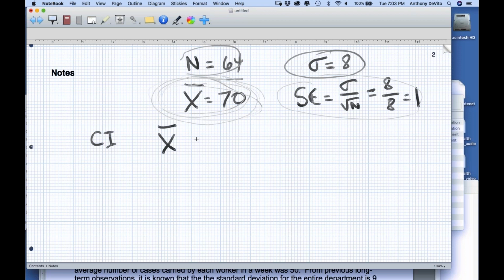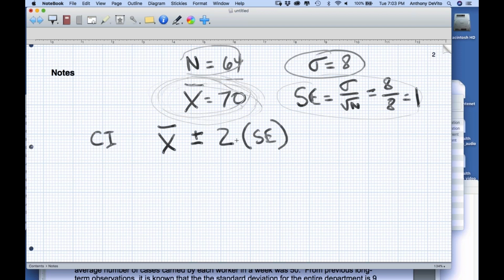In other words, if I sampled 500 people and 100 of them had diabetes, my point estimate is 20%. I'm going to say that 95% of the time I'll be within 2 standard errors of the population mean. So X bar plus or minus 2 times the standard error.